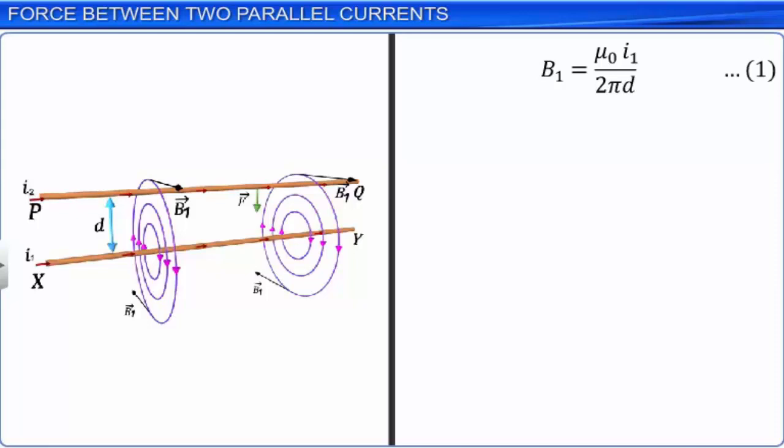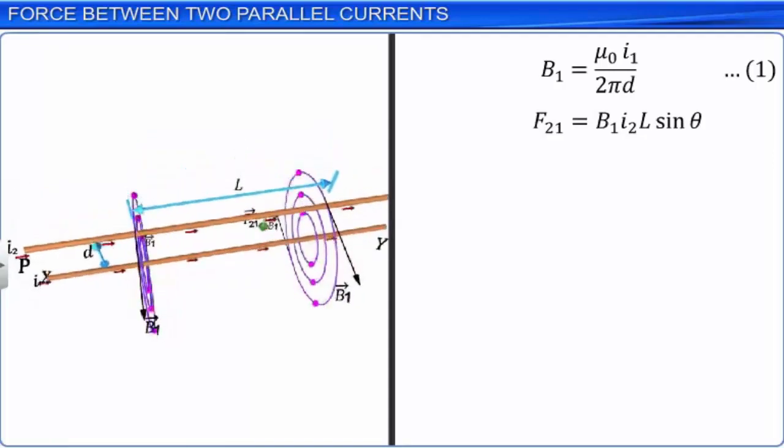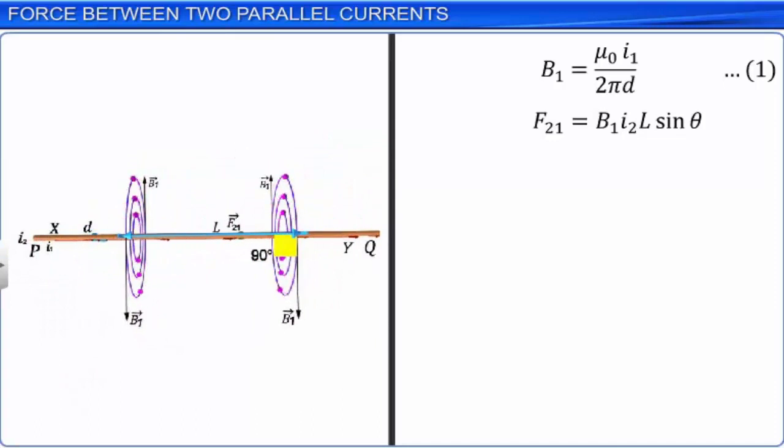The magnitude of the force experienced by a segment of length L of the conductor PQ due to the magnetic field produced by the conductor XY is F21 equal to B1 I2 L sin theta, where theta is the angle between the direction of the magnetic field B1 and the current in the conductor PQ.